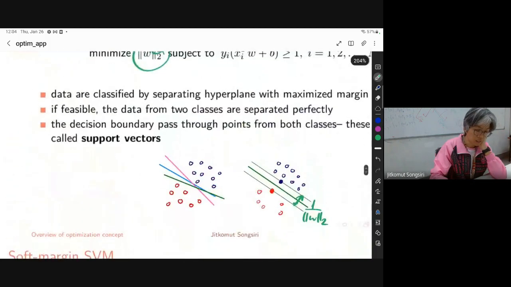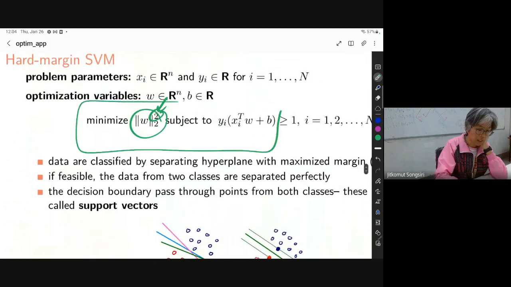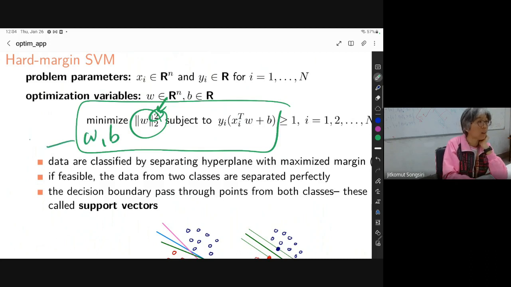What kind of problem? Can you give me the optimization variable first? Y and X are data. The optimization variable is W and B. What is the size of W? R^n. B is a scalar, right?